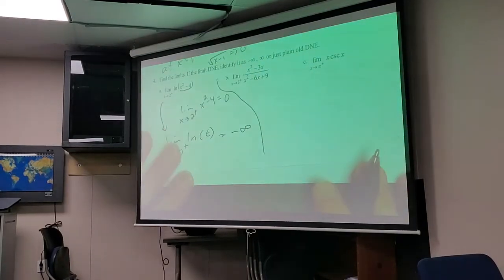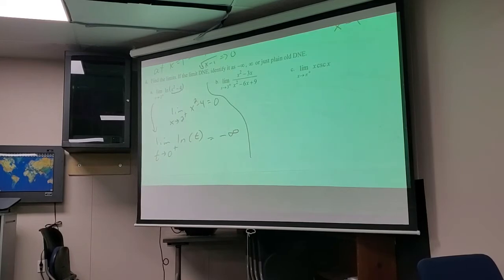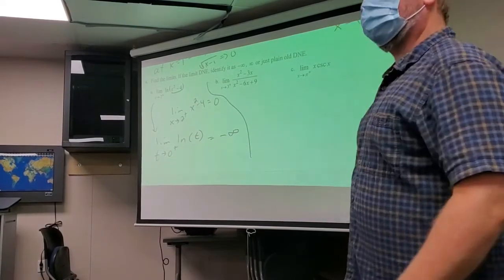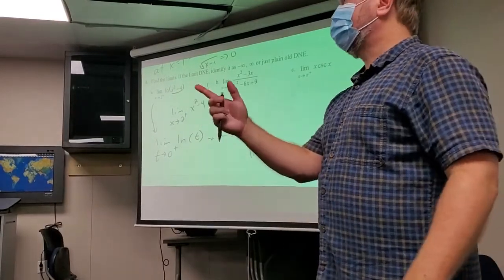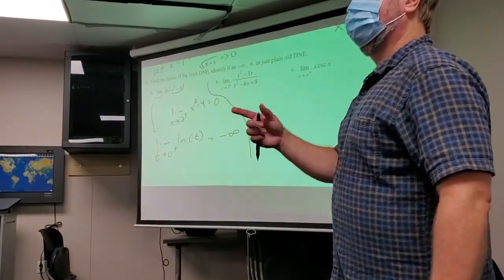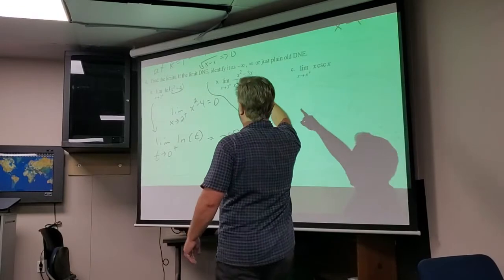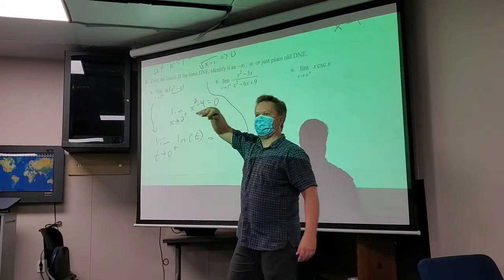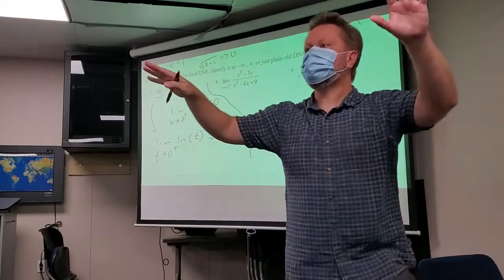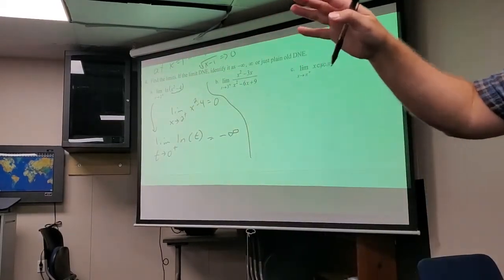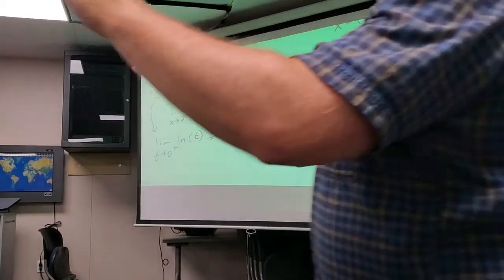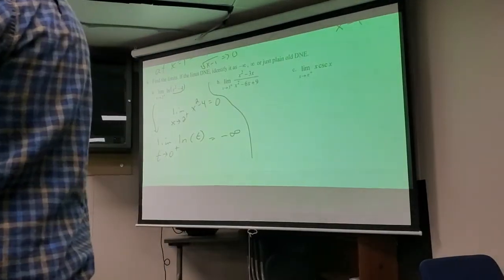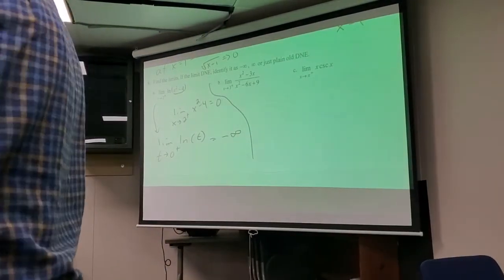What do you do in part B? Sure. All right. So if I plug in 3, I get 9 minus 9 over 9 minus 18 plus 9. That's 0 over 0. You guys with me? Why do I do that first? Make sure there's a limit. If I do that and I get a number, or if I get 1 over 0, I'm done.